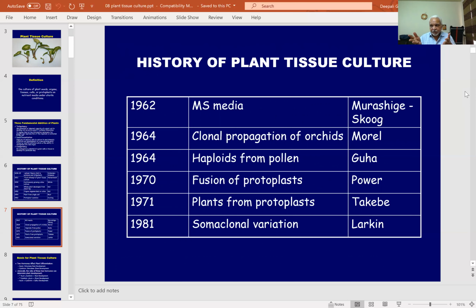So haploid production, and then the 70s was the era where protoplasts could be fused, and hybrid plants could be generated with a view to generate plants by fusing two genetically different cells, or cells from two different plants, which otherwise is not possible through sexual reproduction.